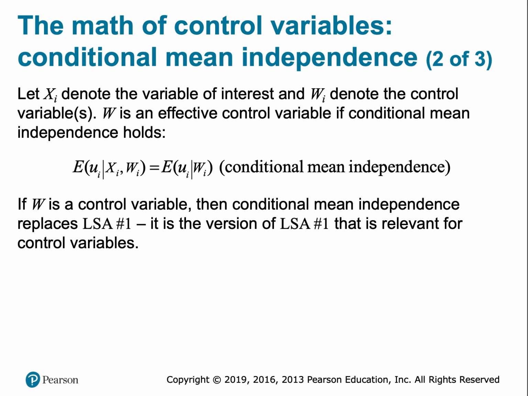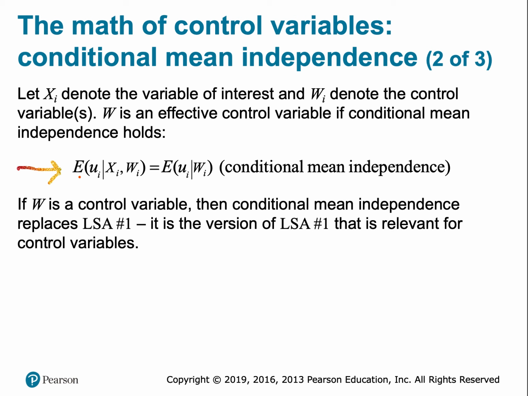Let's let xi denote the variable of interest and wi denote the control variables. W is an effective control variable if conditional mean independence holds. Here is our expression for conditional mean independence.